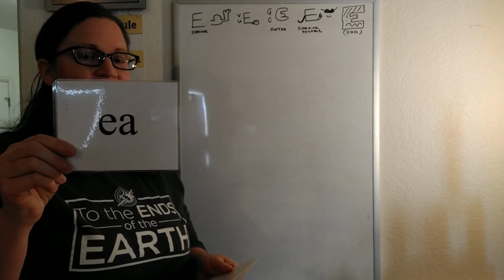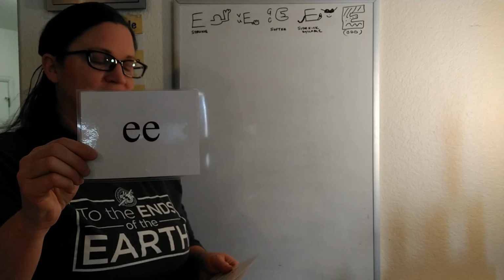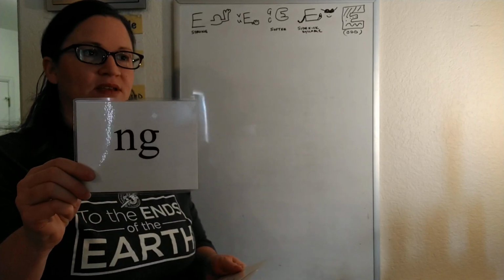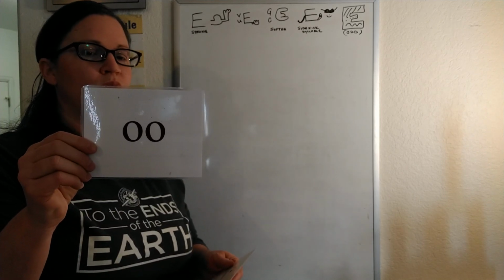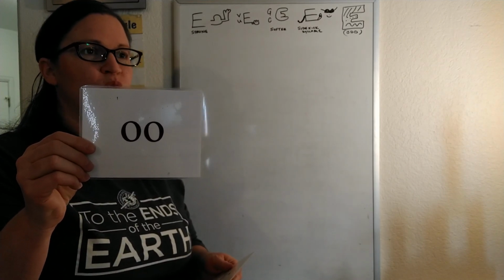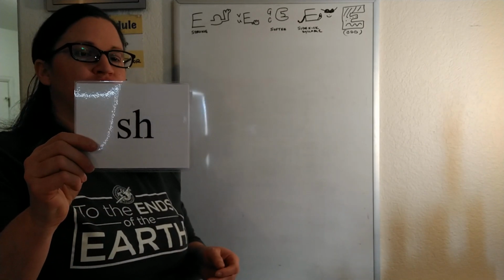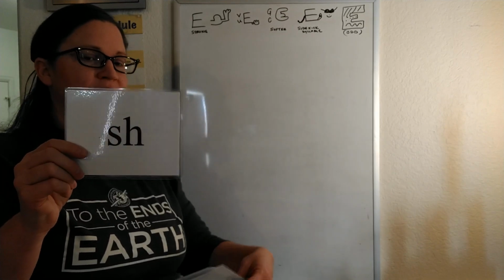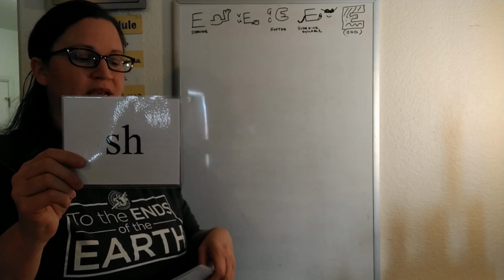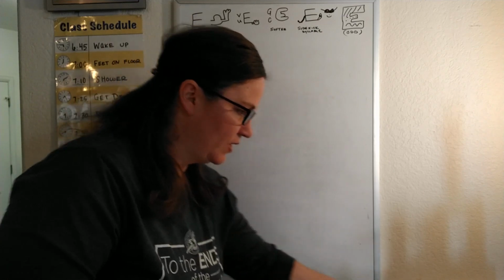F, A. Double E, always says E. O, like food took floor. And then sh, at the beginning of the word, the end of a syllable, but not the beginning of any syllable after the first one except for ship. All right, good job. Let's review a couple rules.